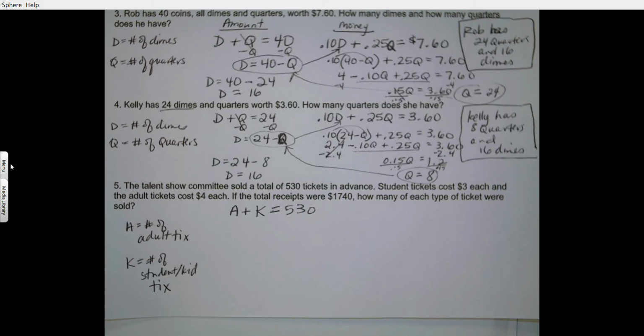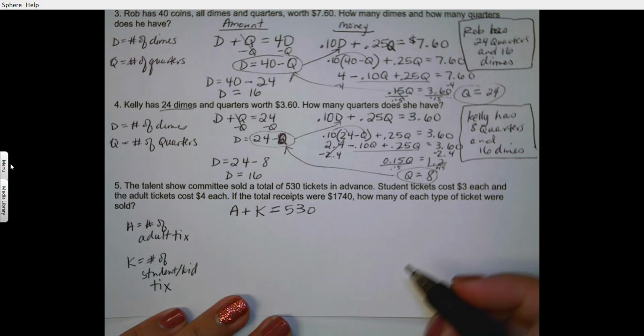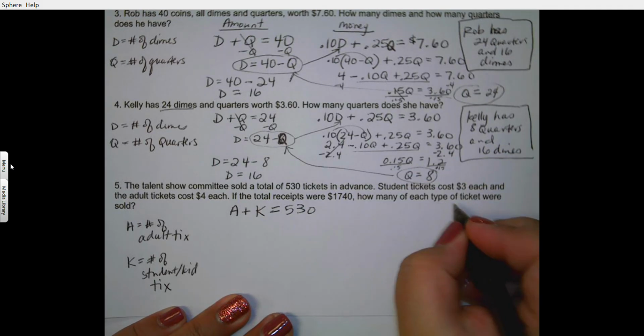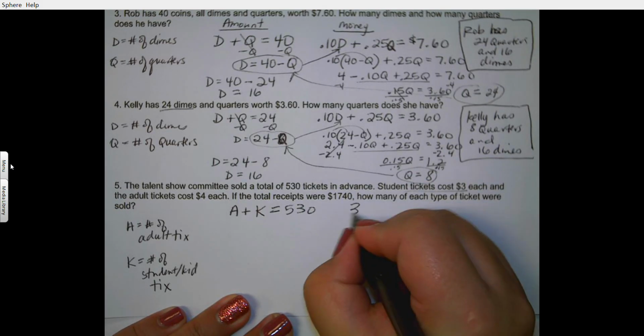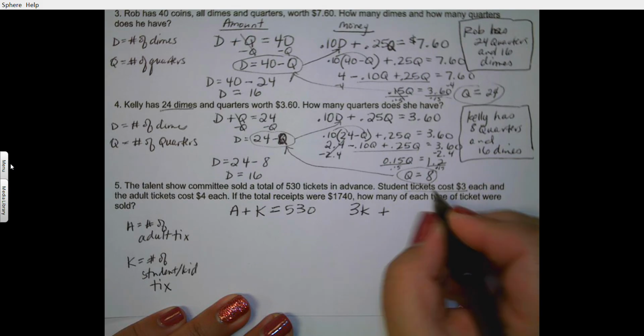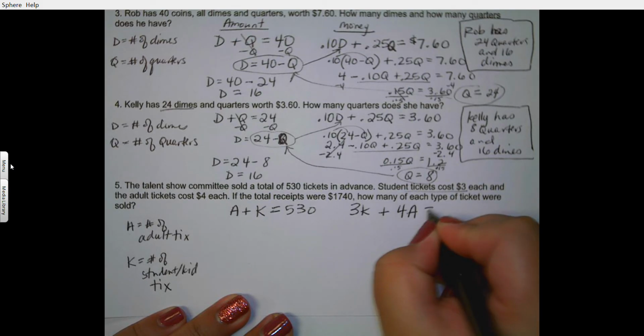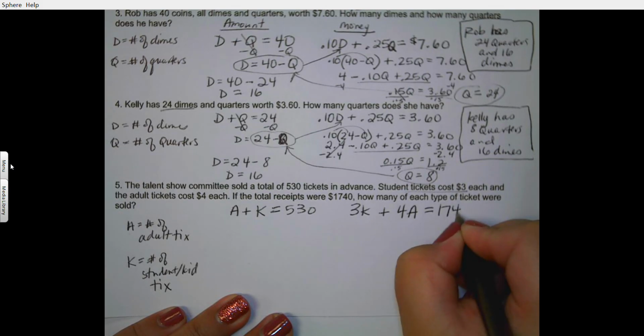And so I again have an amount equation, and then I have a money equation. So my money equation is $3 per kid ticket plus $4 per adult ticket, and I made a total of $1,740.